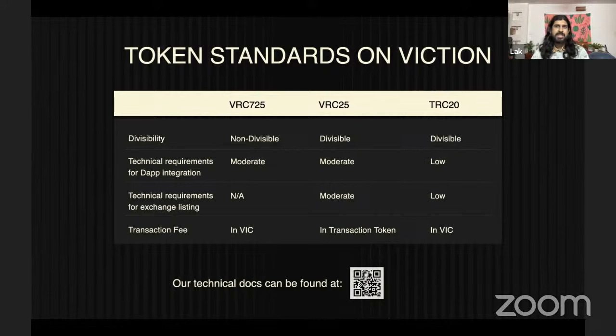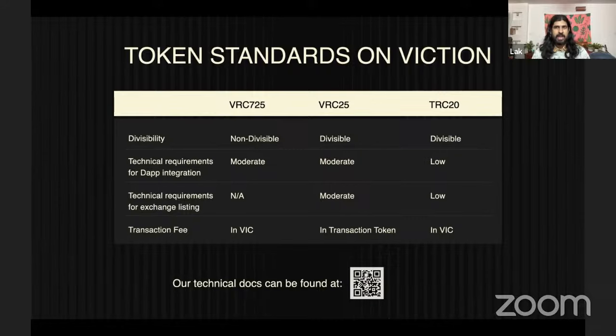VRC25 also has an expanded use to enable smart contracts to have a transaction fee sponsor for users of this contract. This means from the user's perspective, the transaction fees can be paid by a third party. So if you're a project launching your VRC25 tokens, you can sponsor the fees for your users. It just makes the process a lot easier.